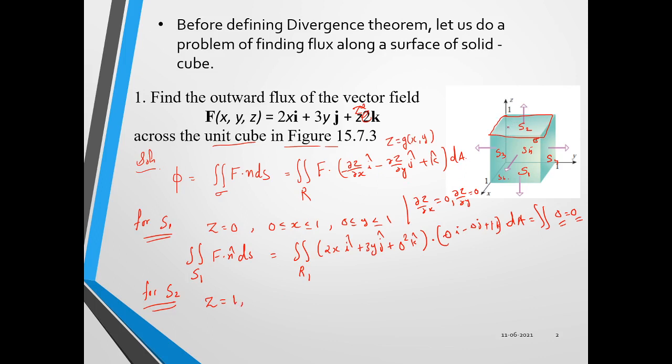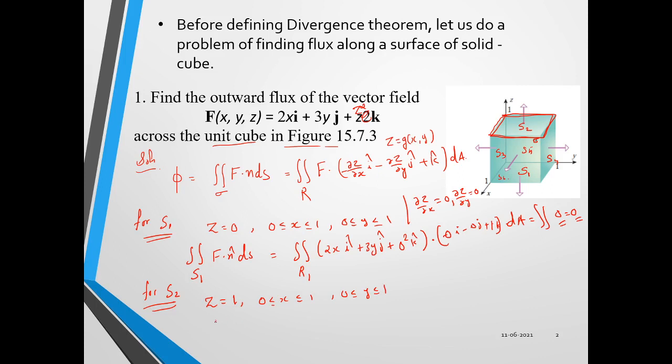That is, the plane z equal to 1 is cut by the plane x equal to 0 and x equal to 1, and y equal to 0 and y equal to 1. That means z equal to 1 is constant here, right? Z equal to 1, x ranges from 0 to 1, y ranges from 0 to 1.